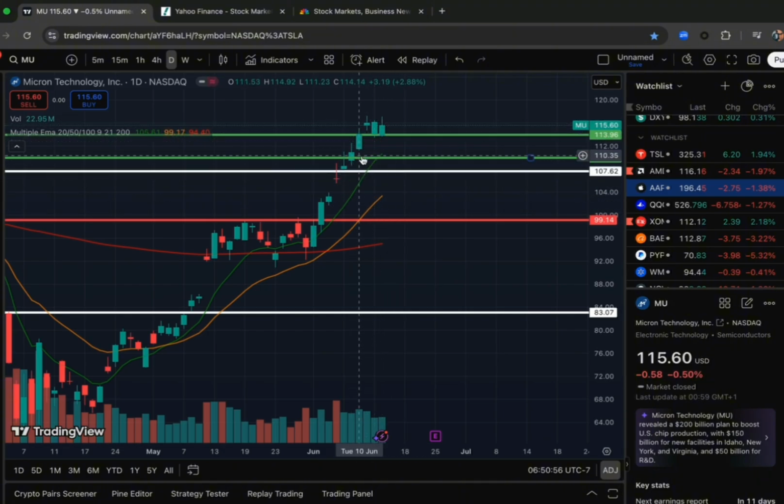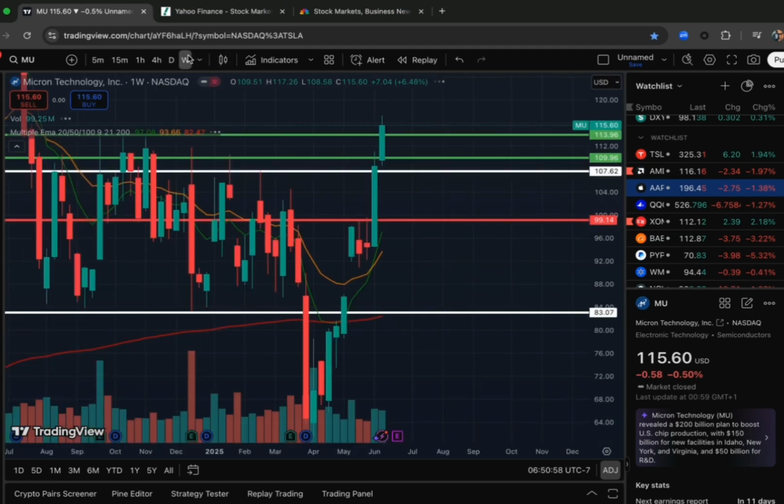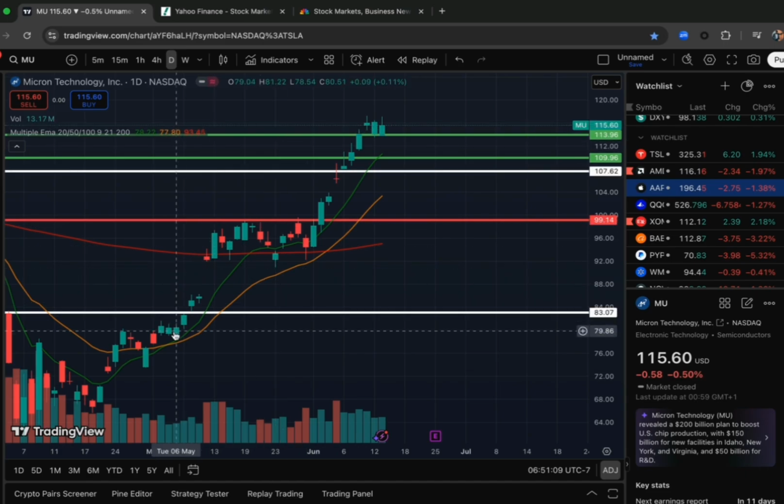Six green days in a row. Weekly chart, back to back strong green weeks. We've got a golden cross to the upside on the weekly chart. Daily chart, moving averages are diverging. Great to see. Consistently uptrending again.